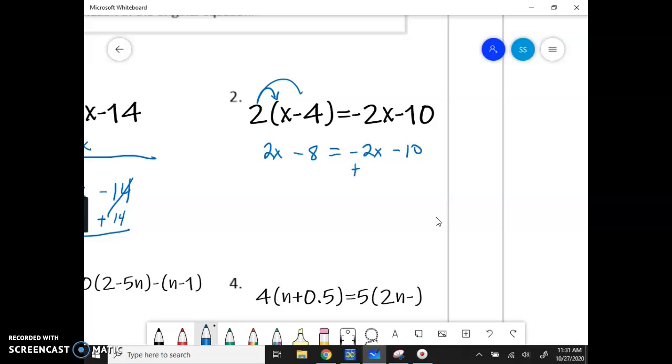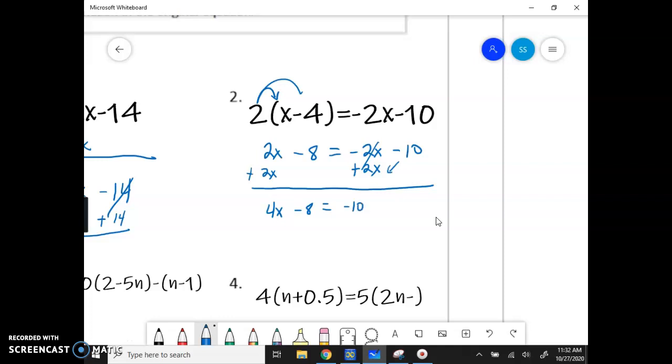I need to add 2 x's. Not just 2, but 2 x's. Do it to one side, do it to the other side. So I'm left with 4x minus 8 is equal to this side, where the x's cancel out. I'm just going to drop down this negative 10.